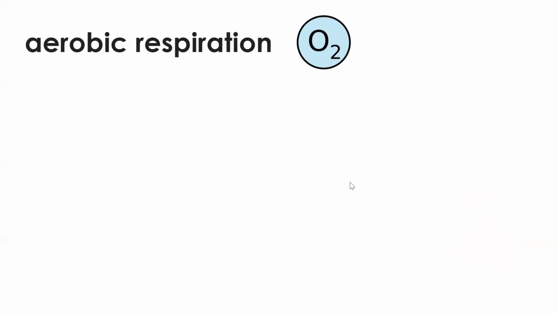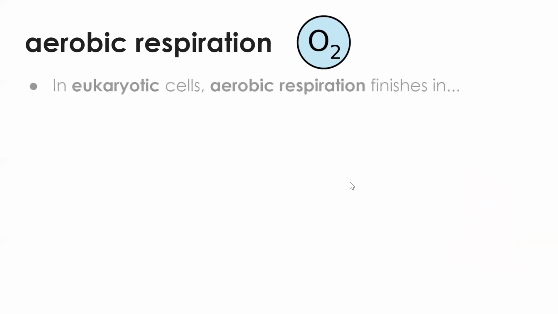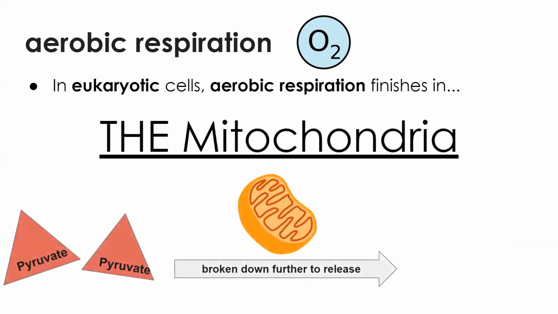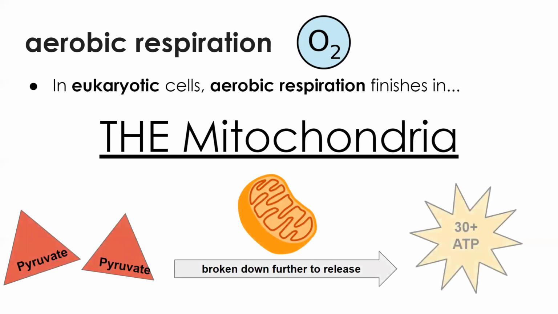Now that the molecule is smaller, now that there are two smaller molecules that can be broken down further, the king mitochondria takes over and further breaks down those 2 pyruvate into smaller molecules that can be stored for energy, stored for food later.